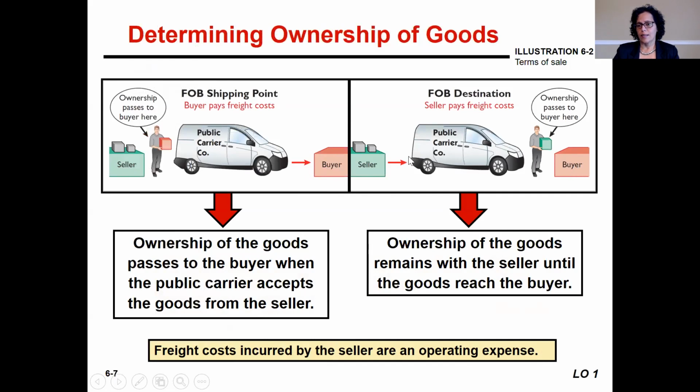Until such time, the seller is still the owner, which means the seller still includes it in their inventory while it's in transit. So in both these cases, neither the buyer nor the seller has physical custody of the goods, but one of them has to include it in their inventory.